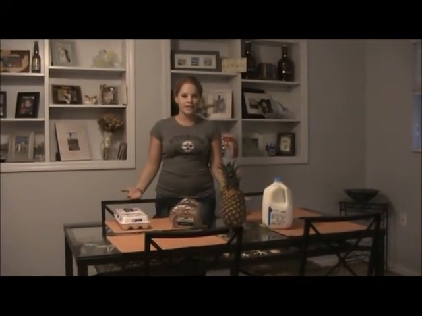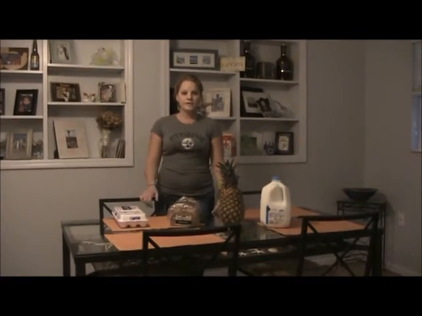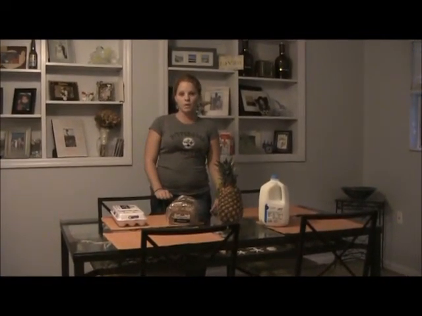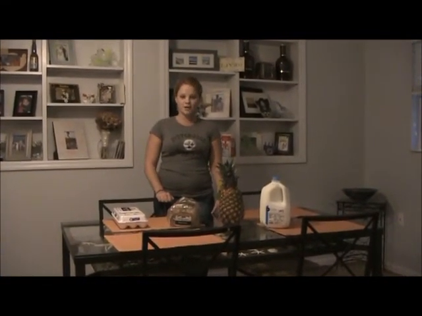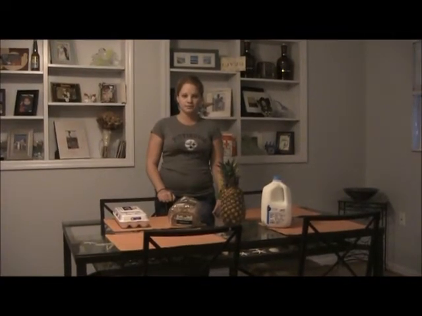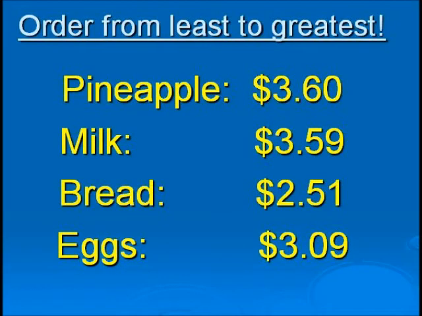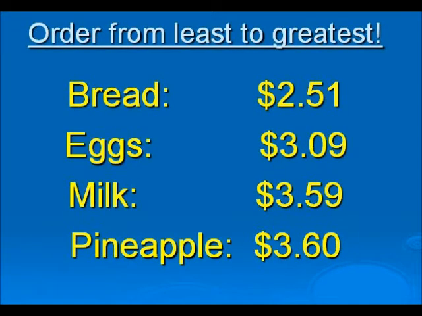Now, let's put these groceries in order from least to greatest. Remember your steps in comparing decimals to help you order them from least to greatest. To compare numbers, let's write them lining up the places, start at the left and compare. Bread has a 2 in the ones place. 2 is less than 3, so we know that is the least number.